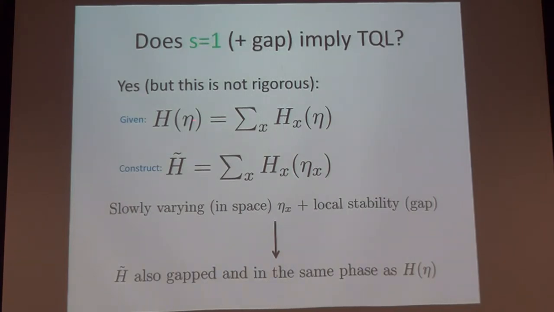Let that path be h of eta. Now this Hamiltonian can be decomposed into a sum of local terms, each of which is some smooth function of eta. But now I can imagine doing a kind of trick. I can take this purely time-dependent Hamiltonian and turn it into a space-time-dependent Hamiltonian by taking this eta and letting it vary as a function of position.